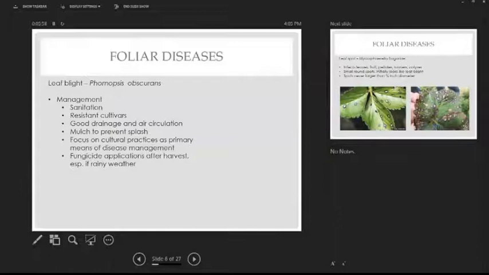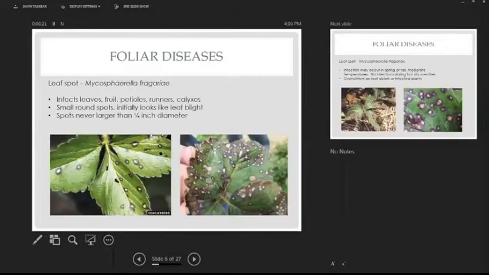And fungicides, we're applying those after harvest in rainy seasons, especially for commercial growers. If you have a small operation, you can probably completely manage this one with cultural practices. If you're a commercial grower managing other diseases, you're usually hitting this one. But still, leaf blight shows up as one of the top diseases in strawberry in Kentucky. But again, that's usually the result of poor management or poor sanitation.